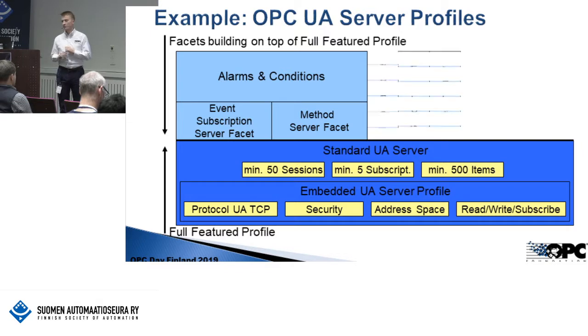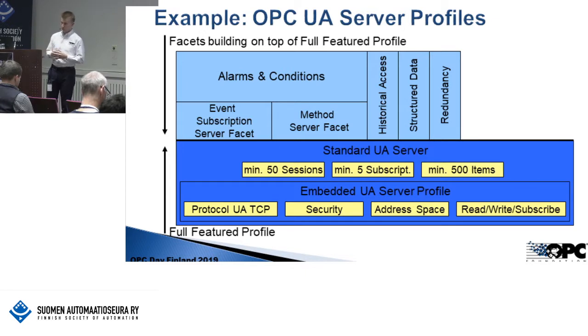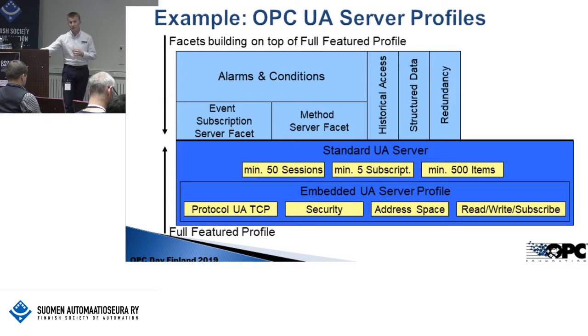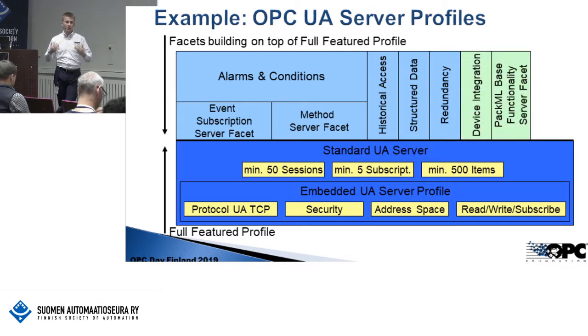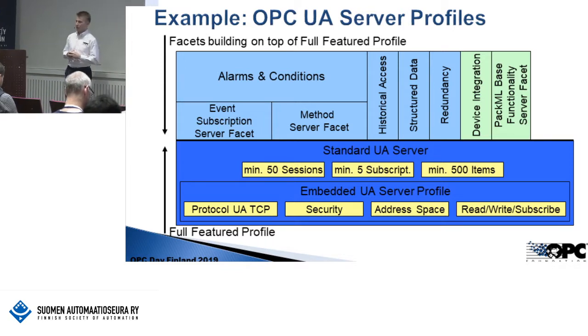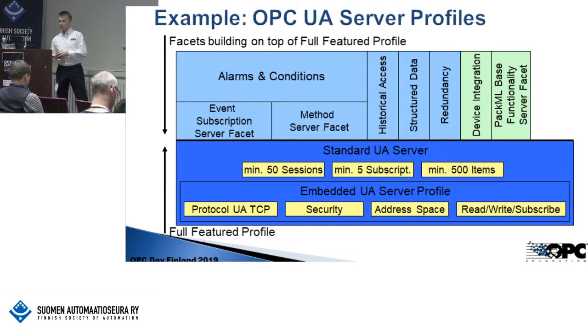And that works for basically every functionality, every feature that is inside OPC UA. That also works for historical access, redundancy, structured data, and anything else. The same concept is being used in companion specifications. We learned about companion specifications from Andreas just earlier today, and they define the same thing.